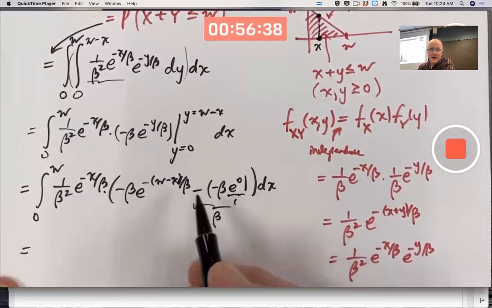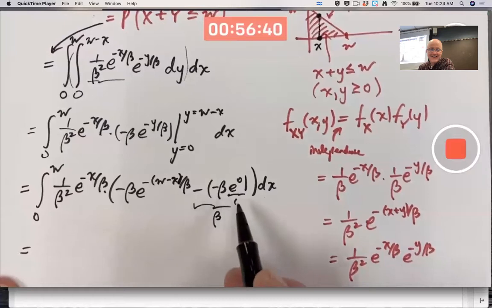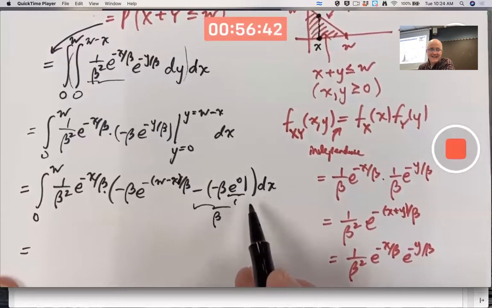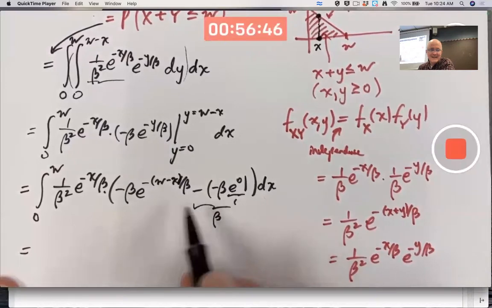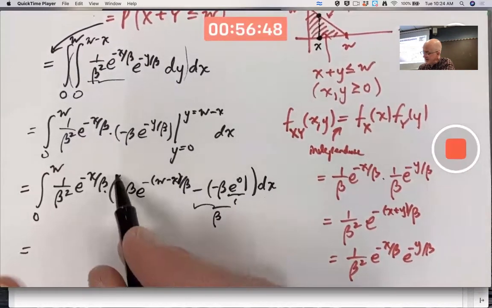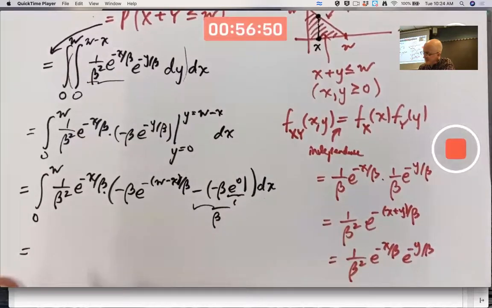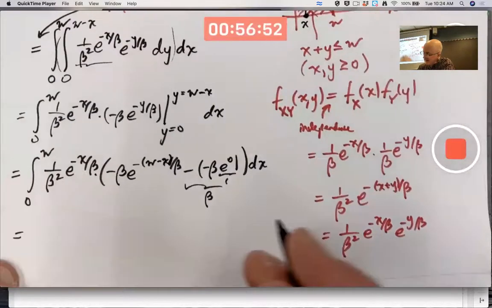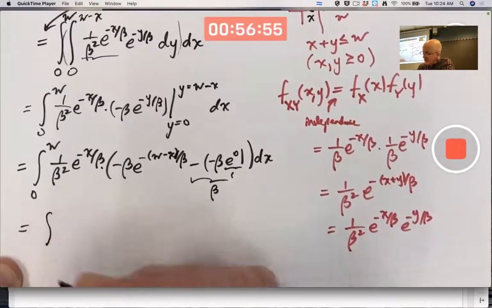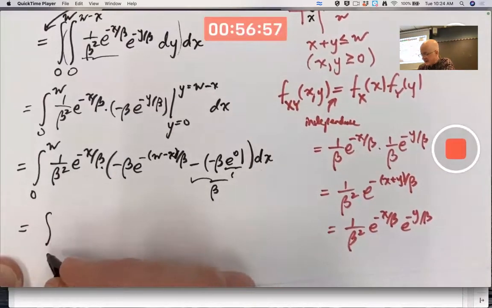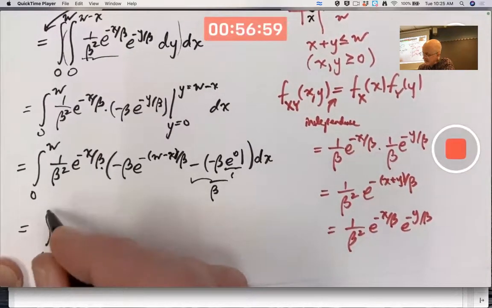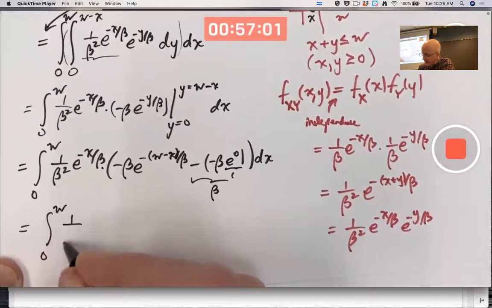tell me where to stop my pen. Yeah, this is multiplying times the whole thing. Of course, the betas cancel with the beta squared to some degree. So I get really just 1 over beta.